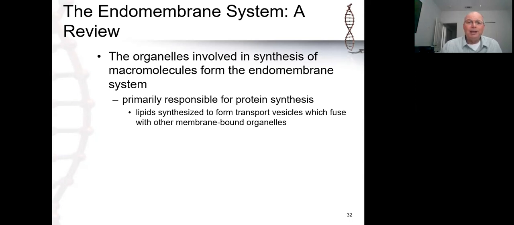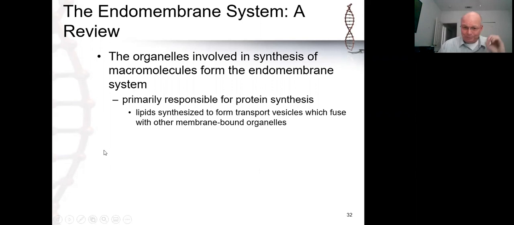So the smooth endoplasmic reticulum makes the lipids that are used to replace the lost lipids when the transport vesicles are formed. So given that the smooth endoplasmic reticulum, the rough endoplasmic reticulum, and the nuclear envelope form one large membrane system, it stands to reason that the smooth endoplasmic reticulum is making the lipids for all of those. So that also explains why the smooth endoplasmic reticulum is involved in lipid synthesis.